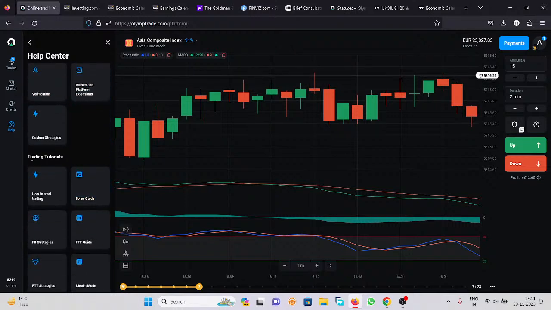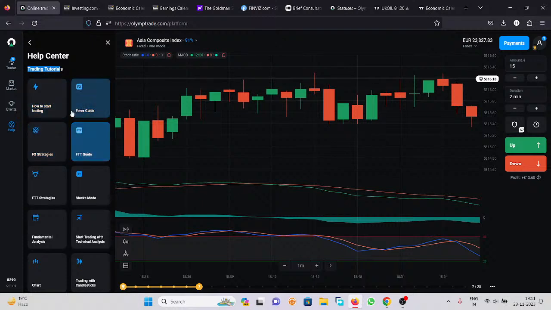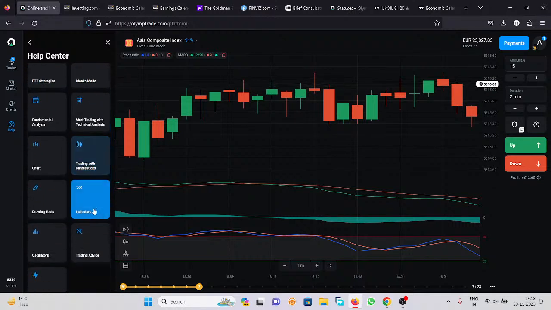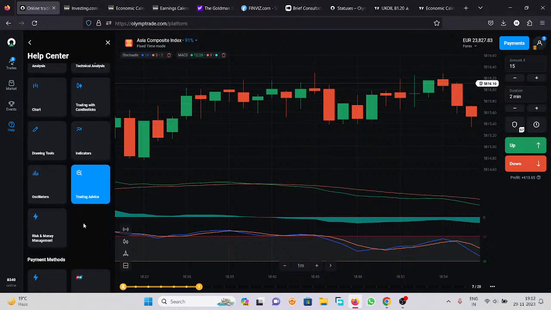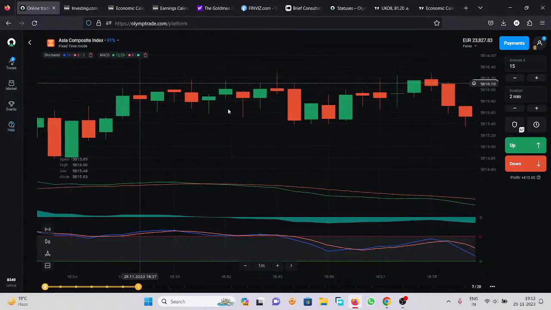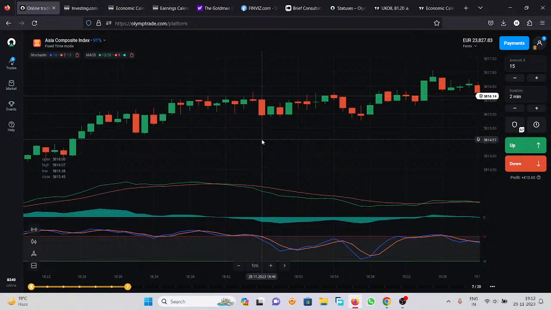Here you can check. And then the important one is trading tutorials. Here you can find each and everything: forex guide, fixed time trade strategy, fixed time trade guide, fixed time forex strategies, stocks mode, candlestick pattern, indicator, strategies, oscillator, drawing tools, risk management service. Everything is here.